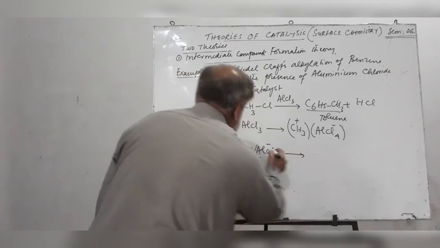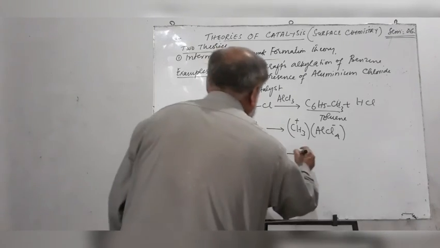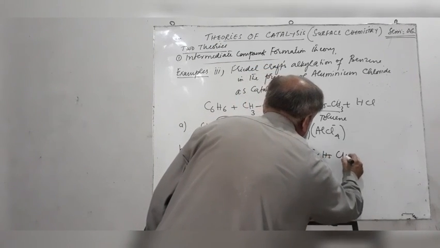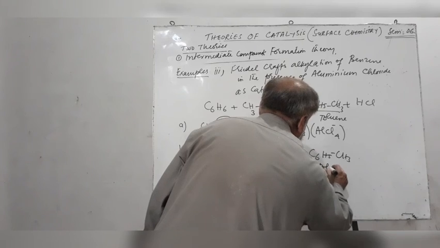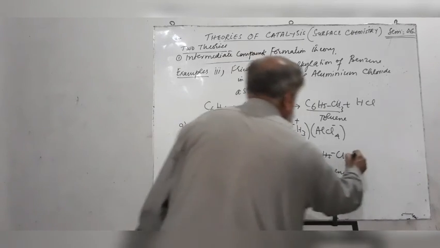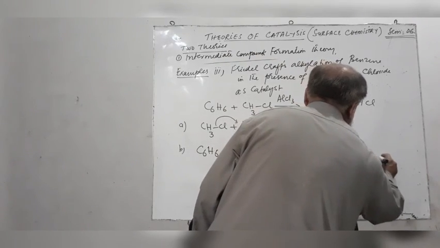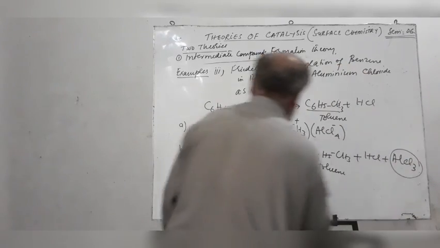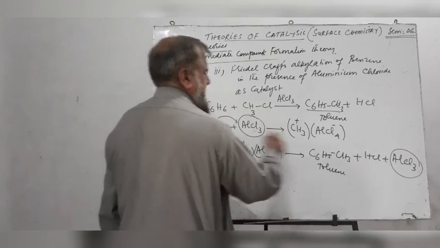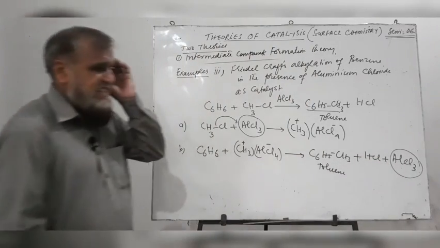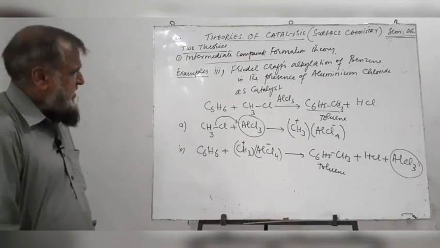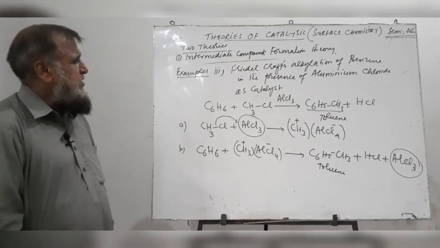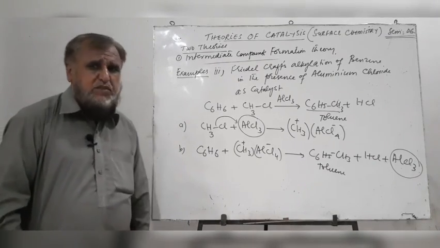It combines with benzene to produce C6H5CH3, the product toluene, plus HCl plus AlCl3. The catalyst is regenerated. Here we have used the catalyst, and at the end catalyst is regenerated to repeat the cycle. So there are many reactions which proceed according to intermediate compound formation theory.